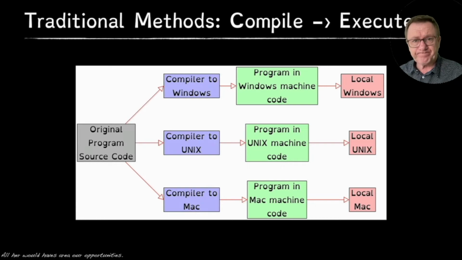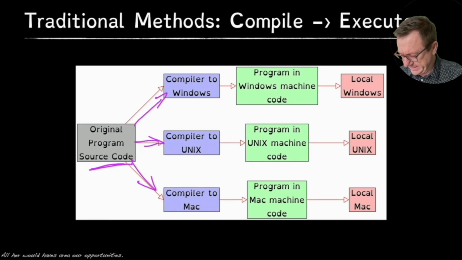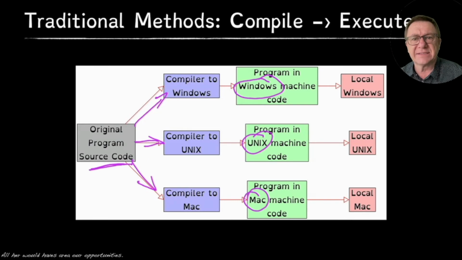So, our traditional methods, we have our source code, and then we compile it to Windows, or to Unix, or to Mac. And then we've got a program that's in the machine code of the type of machine we're working on. So Windows, Unix, or Mac as the main ones, and then it runs. Straightforward.